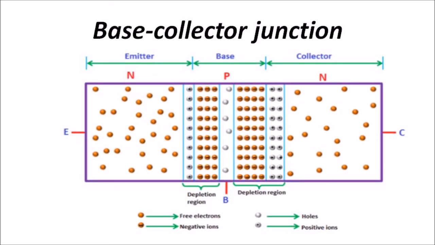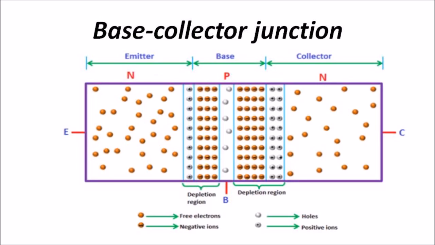As a result, the collector atom which donates 2 free electrons will become a positive ion, and the 2 P region base atoms which accept those 2 free electrons will become negative ions. Thus, each N region positive ion produces 2 P region negative ions.